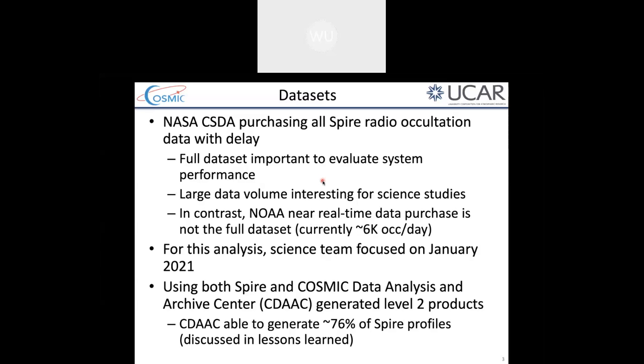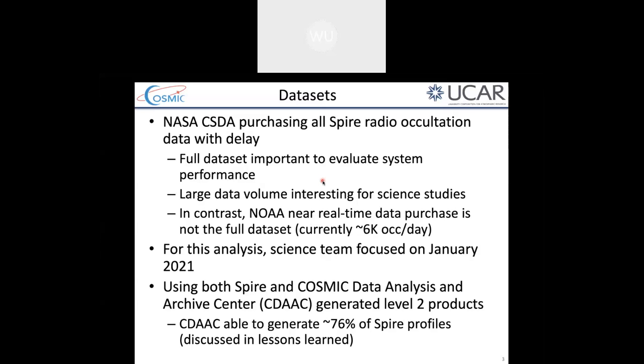It's currently about 6,000 profiles a day out of around 15,000 they are collecting currently. So it is very nice to have access to these data because we don't have to wonder about whether we're only seeing the very best profiles, as is possible with the NOAA data.